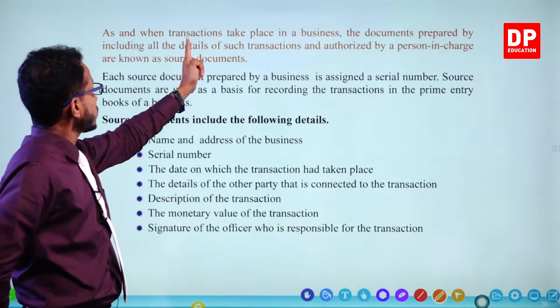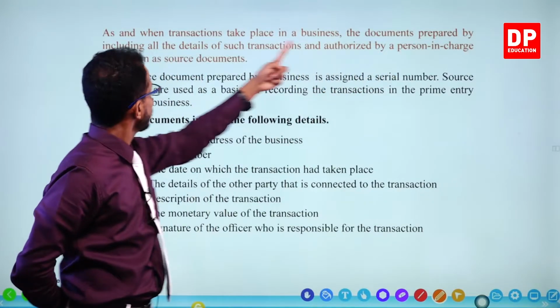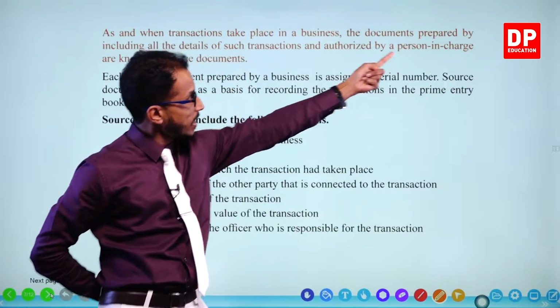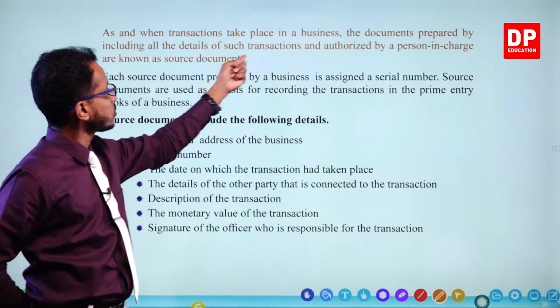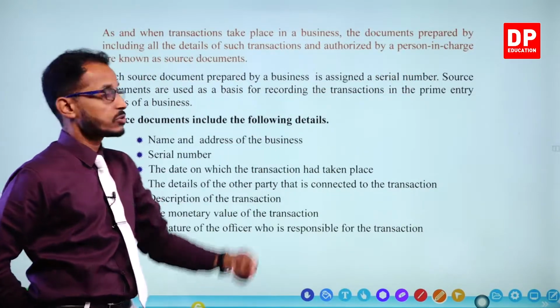As and when transactions take place in a business, the documents prepared, including all the details of such transactions and authorized by a person in charge, are known as source documents.